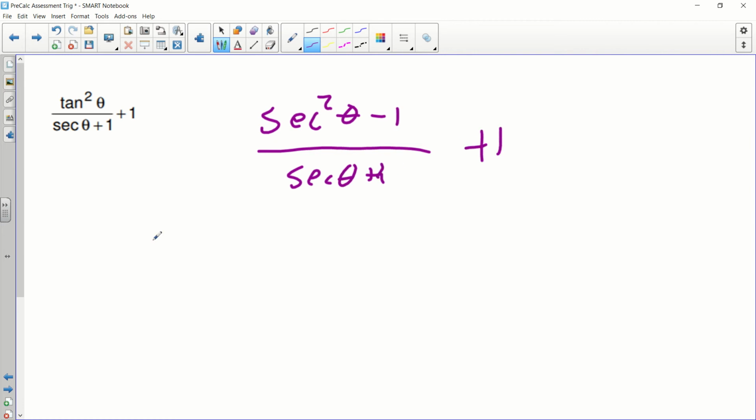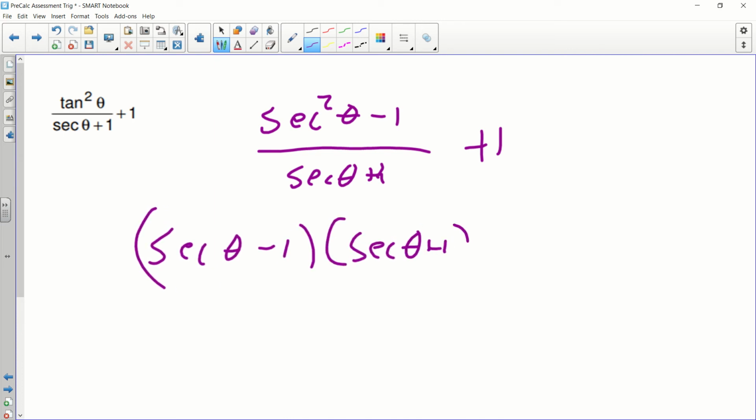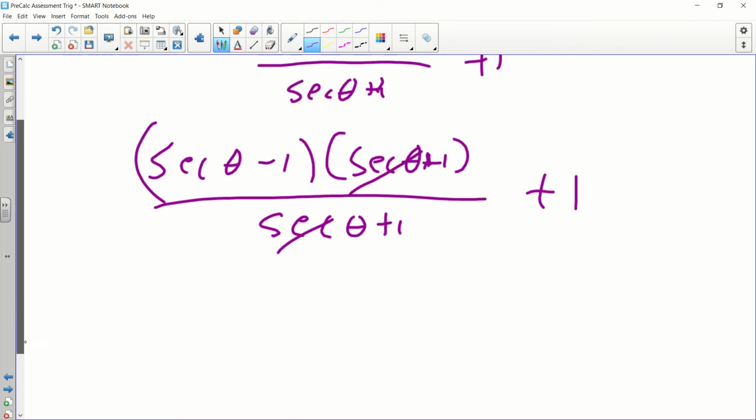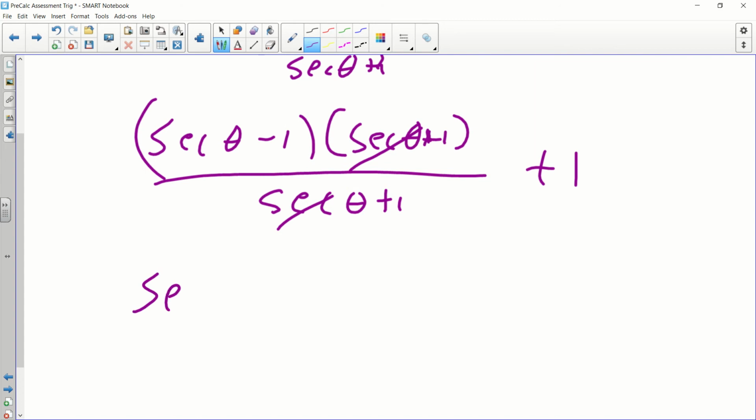So I can factor the top to the secant theta minus 1 times the secant of theta plus 1, all over the secant of theta plus 1. I still have this plus 1 out here. I can now cross out here and here, which leaves the secant of theta minus 1 plus 1.